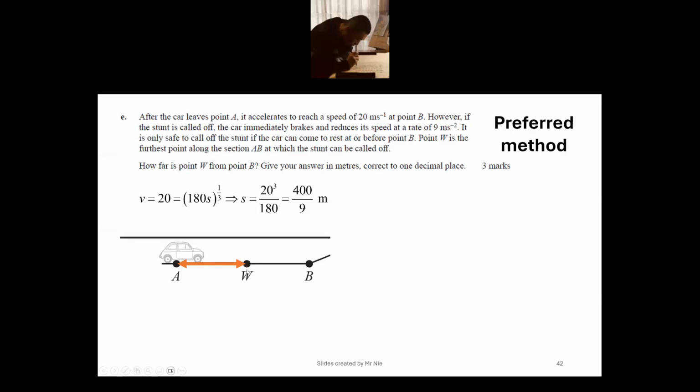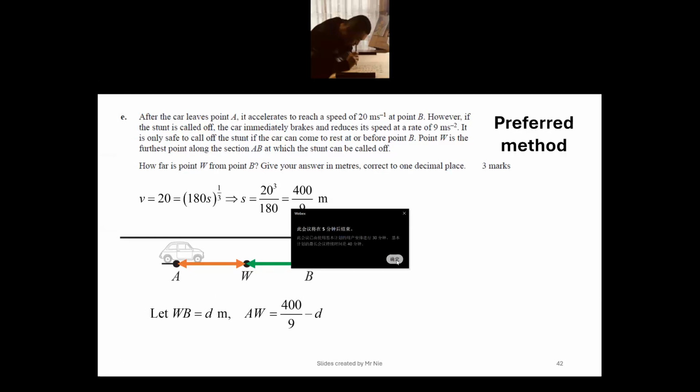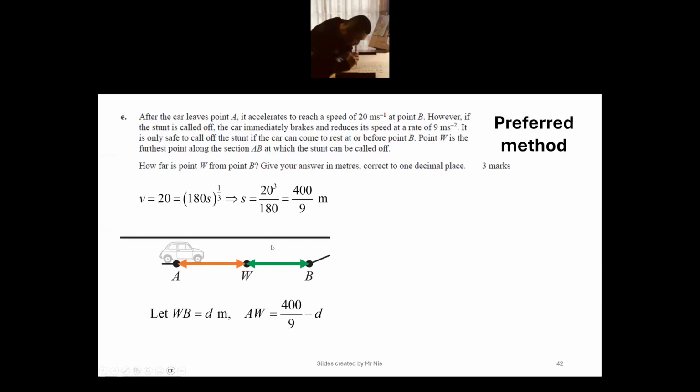So this section we still apply the previous model. But if W is the longest point, I can start to step on the brake and decelerate the car. Then for this section W to B, you will have to use acceleration -9. So what I want to find is the distance from W to B, so I set it to D meters. And then A to W is 400 over 9 minus D. Therefore, we can write AW in terms of D as well.